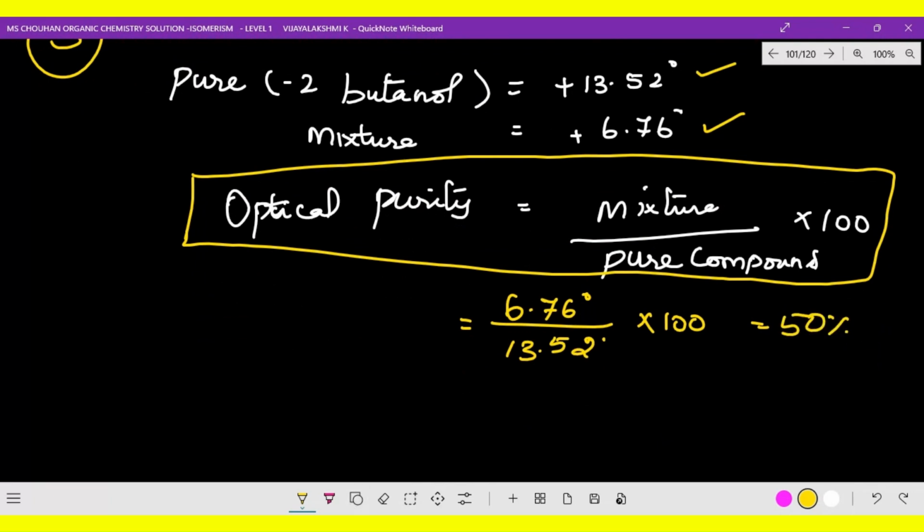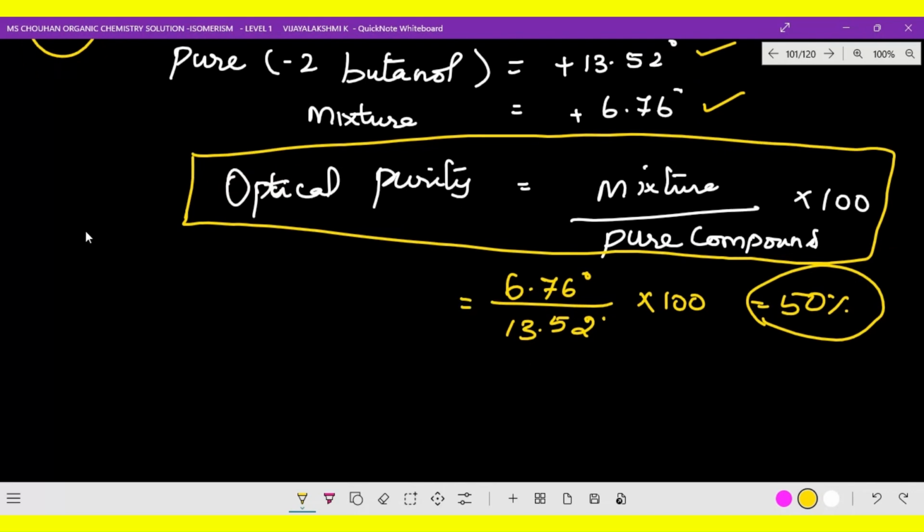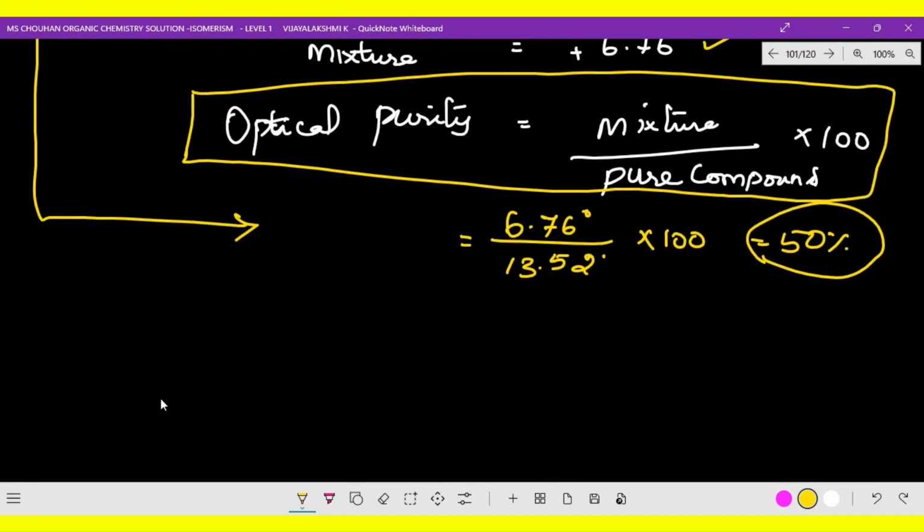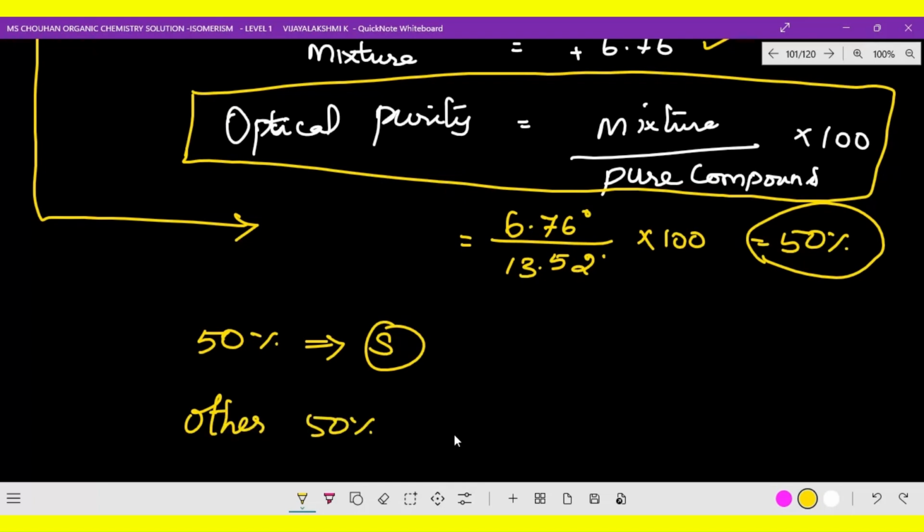So that means the optical purity is 50 percent, and this 50 percent is related to the S compound only, since this is S-butanol. So 50 percent will be pure S-butanol, and the other 50 percent might be a racemic mixture. Here the impurity is the racemic mixture.